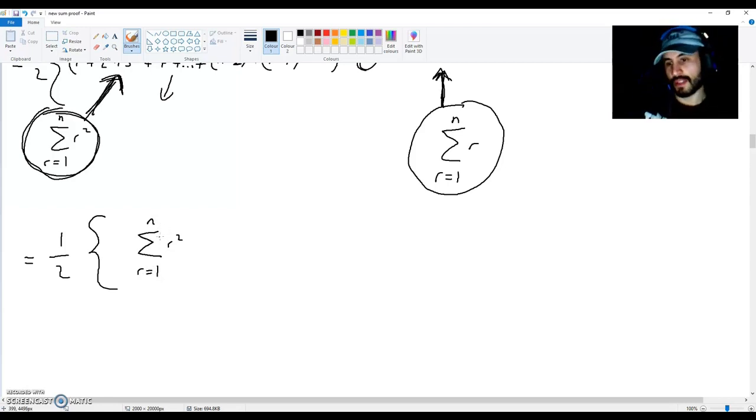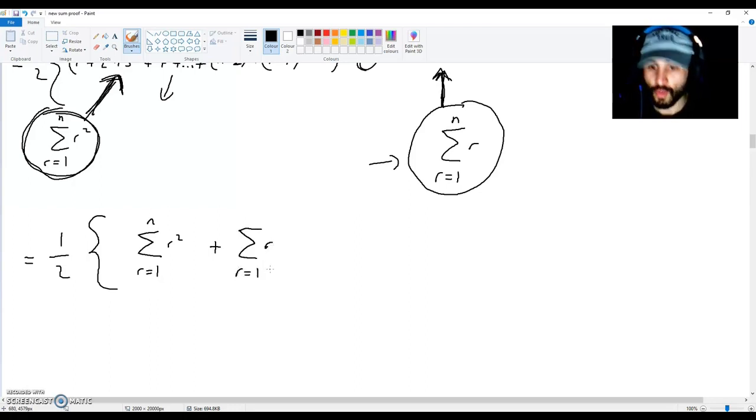Remember, n is equal to the amount of terms that you have. And then we have plus this over here, which is sigma r, r equals 1 below it, and n over here for number of terms again. And we close the brackets like this.